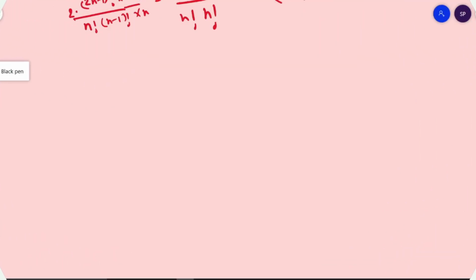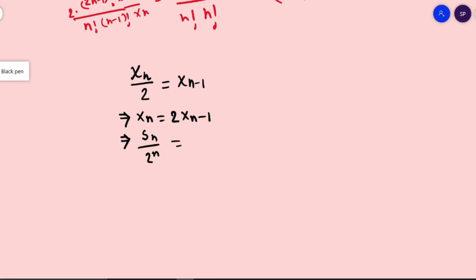So our final conclusion is xn by 2 is equal to x of n minus 1, or more precisely xn equals 2 times x of n minus 1. So from here Sn by 2 to the power n equals 2 times S of n minus 1 by 2 to the power n minus 1.